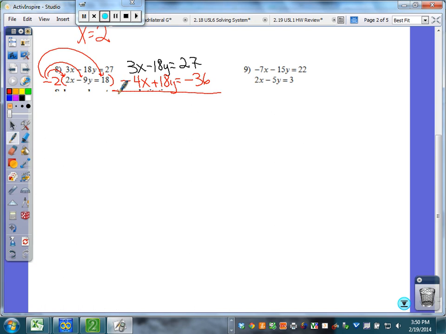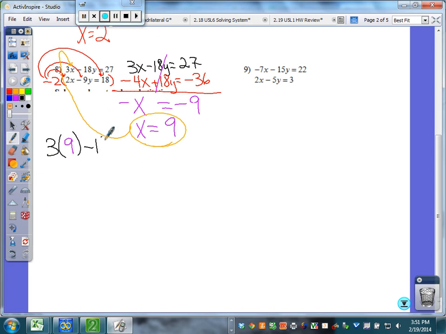So my y's now cancel, and I have 3 minus 4, which is negative x, and 27 minus 36 is negative 9, so x equals 9. Now I can take that x and plug it back into either one of the equations, doesn't matter again. Let's plug it back into the first one. So we have 3 times what x is equal to, which is 9, minus 18y equals 27.